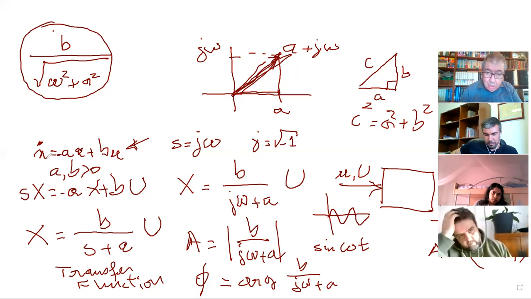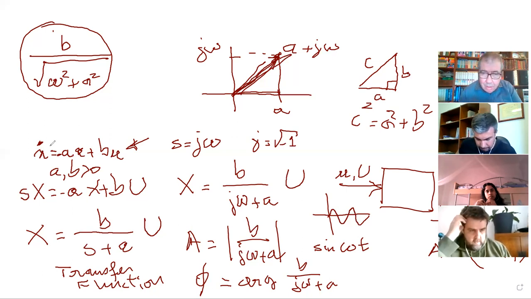There is a transient, and then x approaches an equilibrium, and in equilibrium x is constant, so x dot is 0. If x dot is 0, x is constant. And what is the constant?